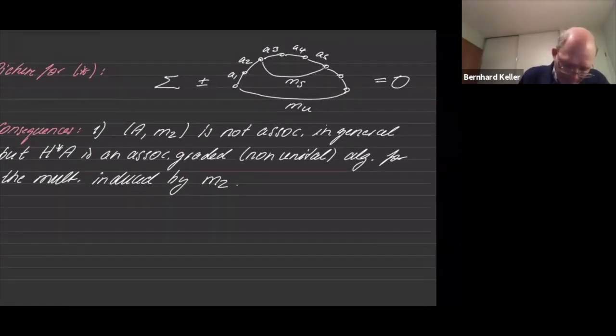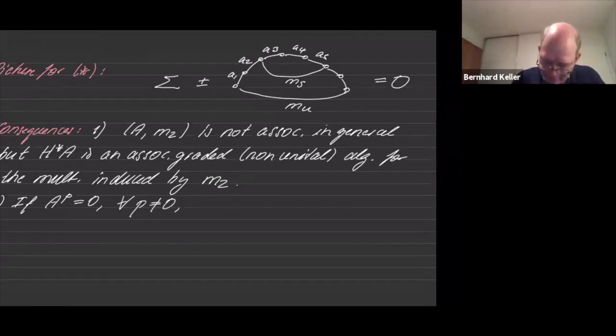Secondly, if A is concentrated in degree 0, so if A^p vanishes for all p different from 0, then it is associative.